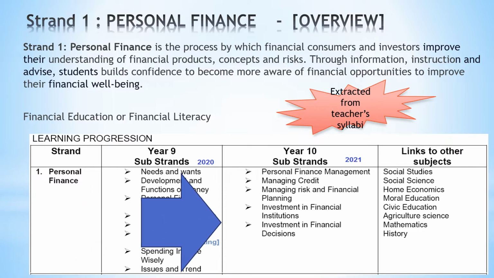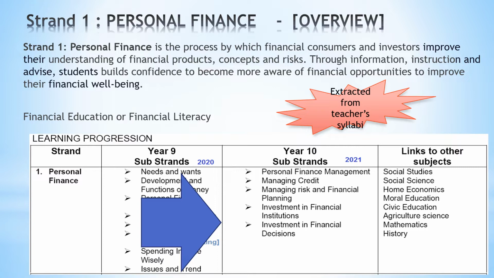This year, however, Year 10, we are dealing with us as being an investor. So we'll be having topics such as investment in financial institutions, making investment decisions, managing credit, managing risk, and other topics that will be covered to help us as an investor.